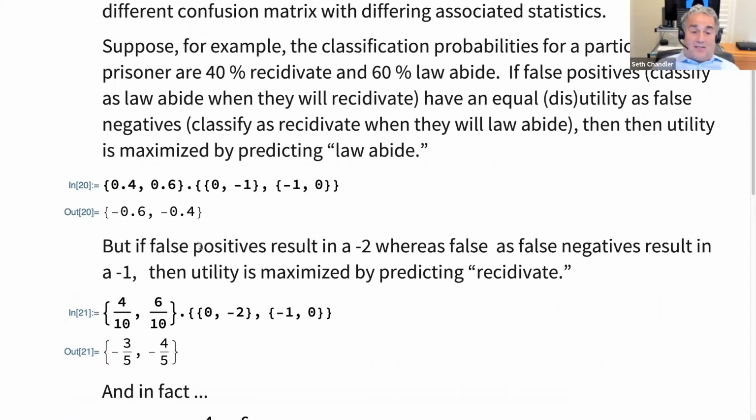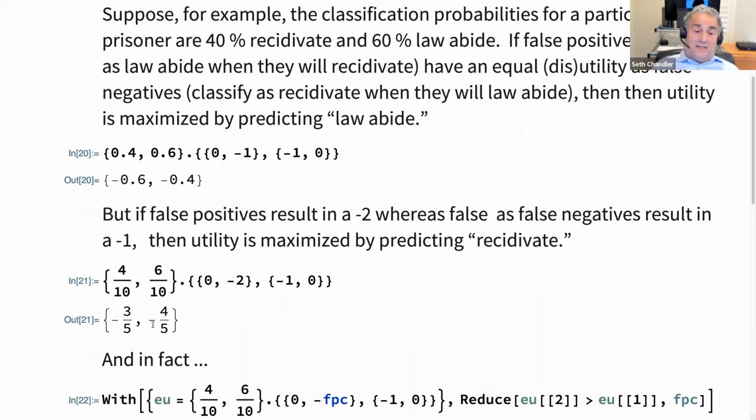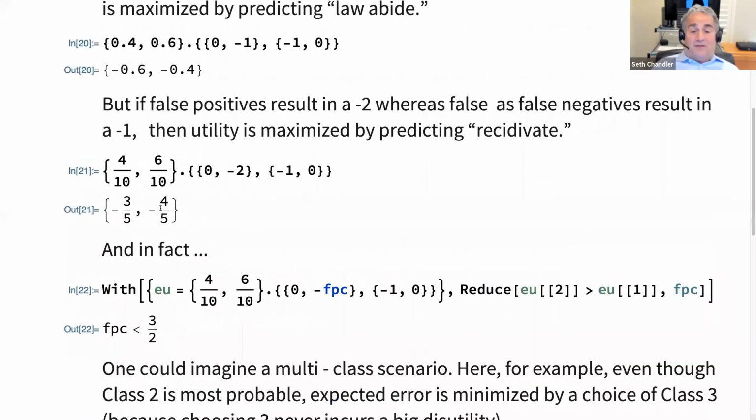However, suppose a false positive, the Willie Horton story, for those who remember that, of the parolee who goes on a murder rampage, that's a pretty heavy score. And yes, we'd prefer to let law-abiding people out, but being locked up in prison, this person says, is not as bad. And so if that were the case, you would maximize utility by predicting recidivate. And so this is a little bit of the math of it.